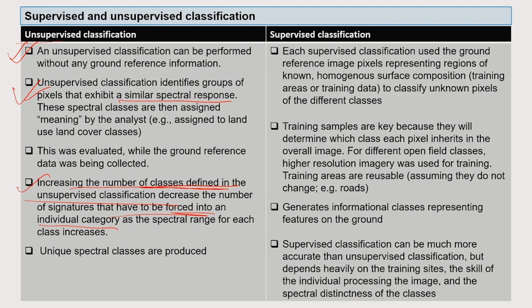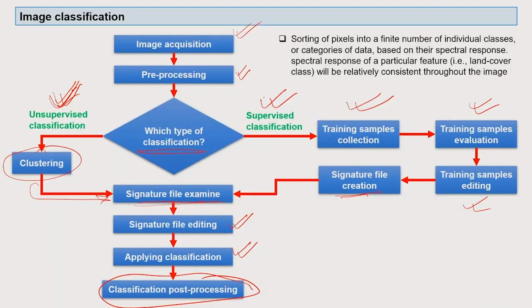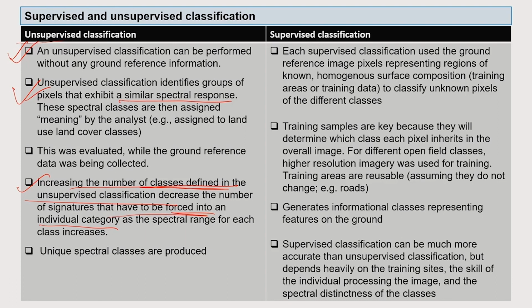See here, in unsupervised you go for clustering and then signature examination and editing. So the signatures step is important, then unique spectral classes are produced in case of unsupervised.